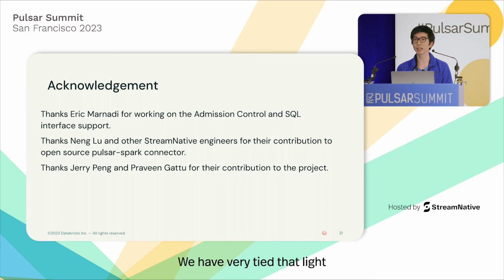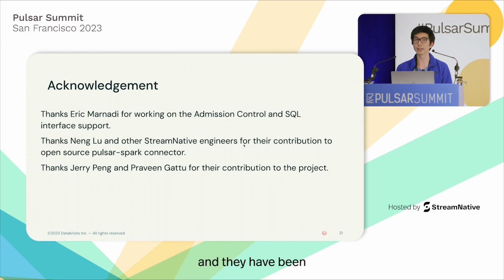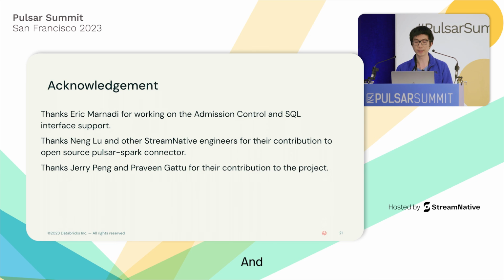We had a very tight deadline, and we contributed a lot of features into the open source Spark Pulsar connector. They have been reviewing code very promptly and have been helping us with various issues. And I will also thank Jelly and Praveen for their support of the project.